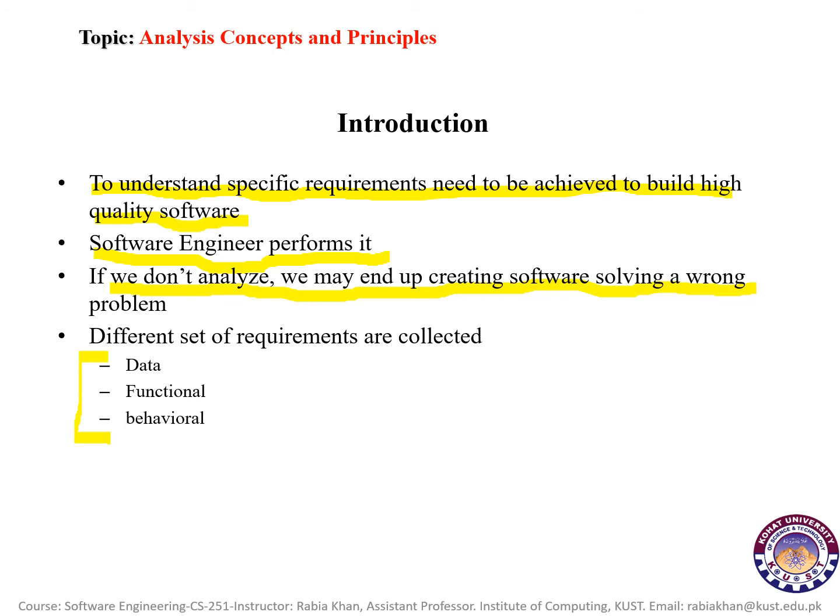So requirements are refined and analyzed to assess their clarity, completeness, and consistency. A specification incorporating a model of the software is then created and validated by both the software engineer and the customer, which we call the software requirement specification, SRS.